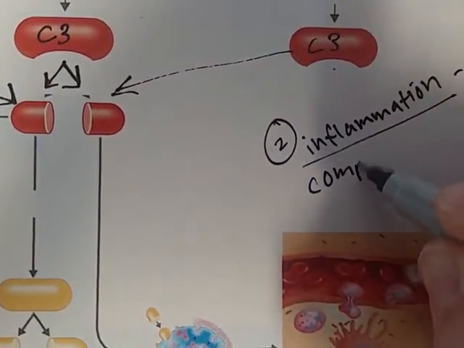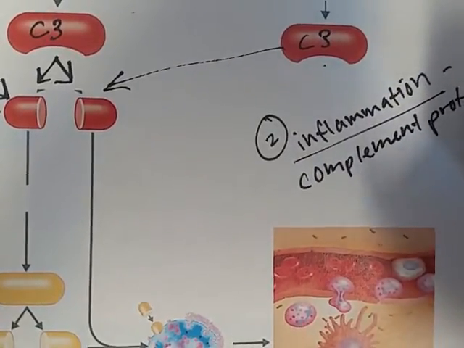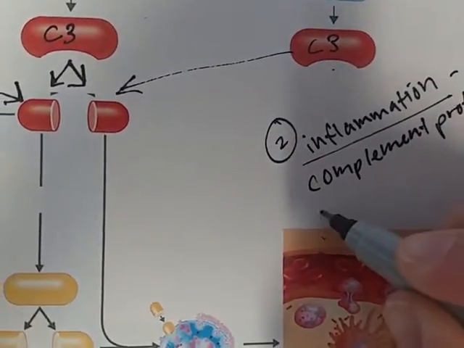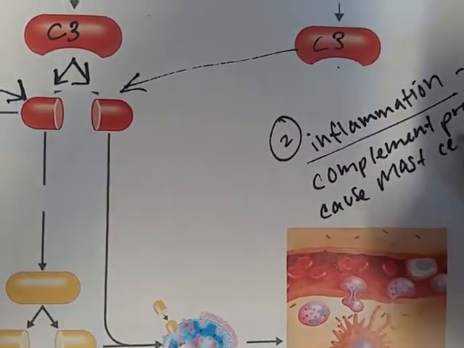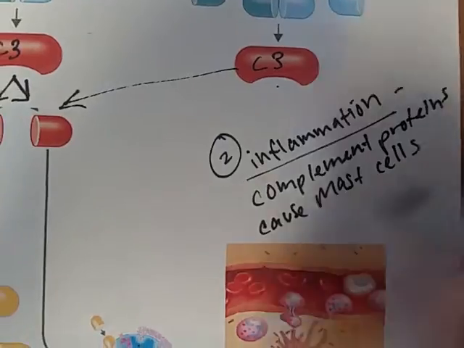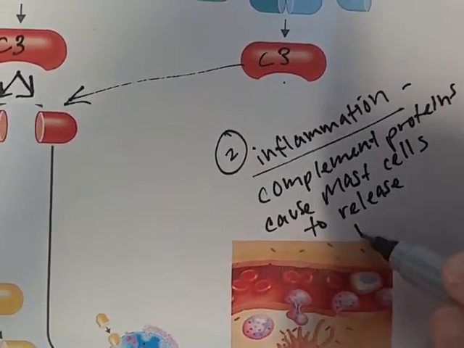So in inflammation, complement proteins cause mast cells to release histamine.